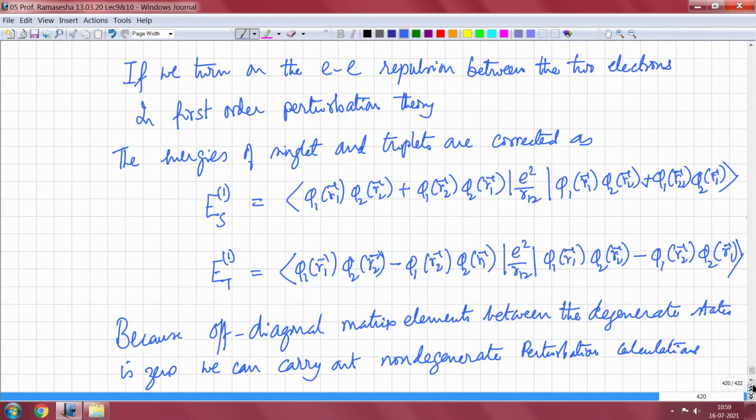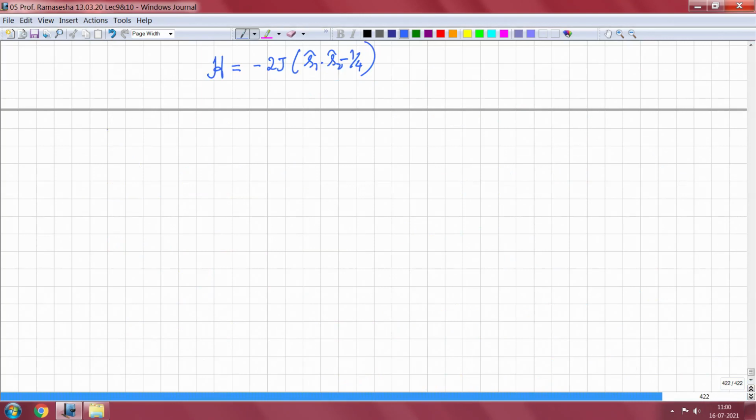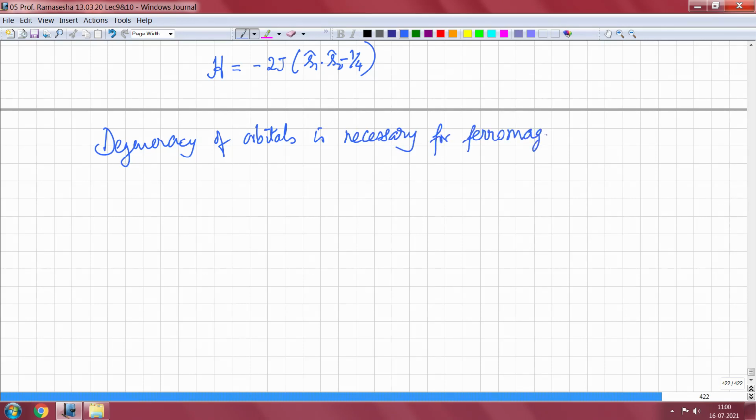So we see that degeneracy of orbitals is necessary, at least near degeneracy, if not degeneracy, is necessary for ferromagnetic interactions. That is why a single band tight binding, single band Hubbard model does not have ferromagnetism in it.